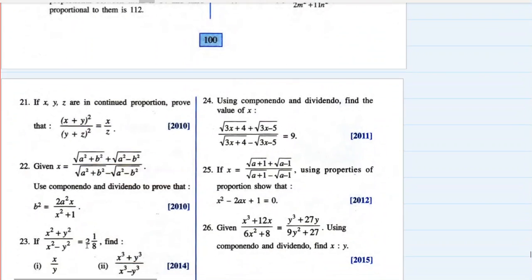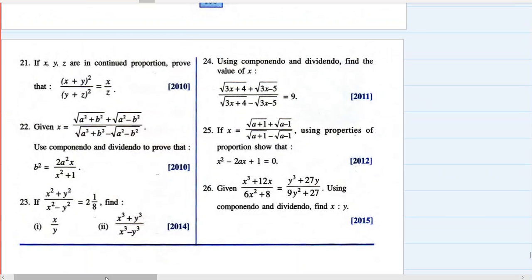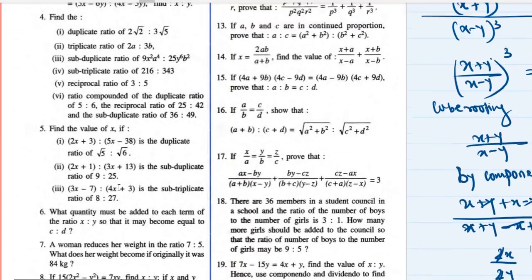It's a board question from 2017. Okay. What you do is you send me the picture of that question. I will send you the solution. Apart from that, anything else from 7D?